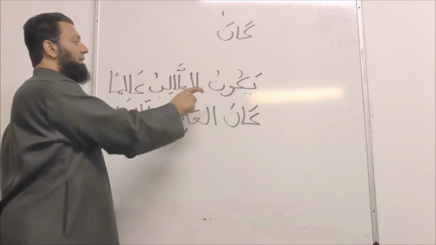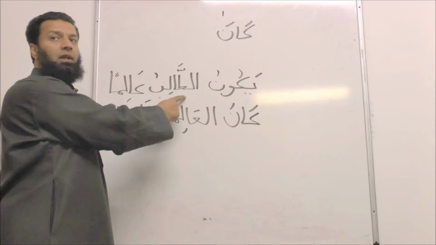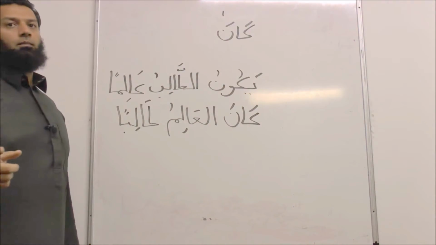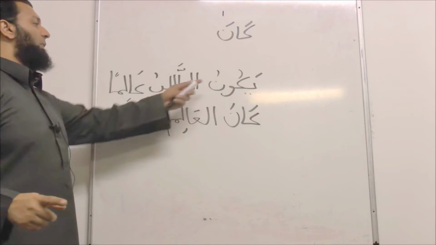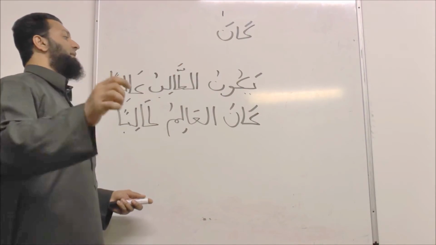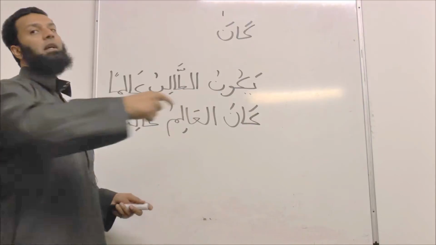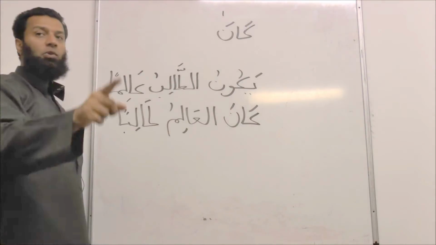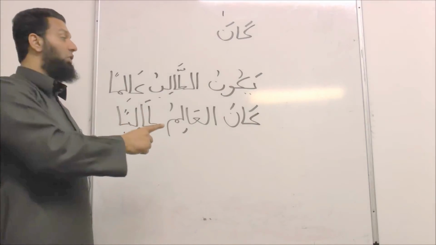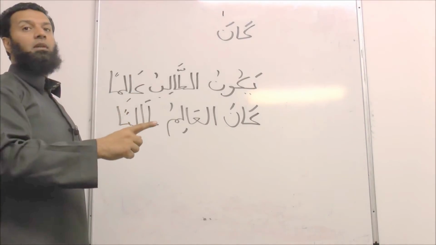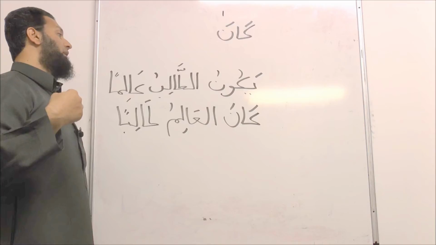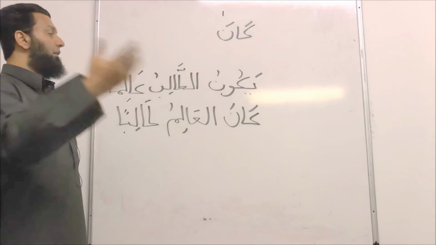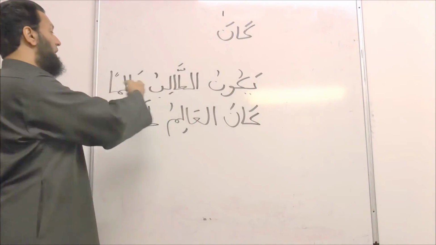But what happens is a person begins as a talib, yakunu will be aliman. So even though yakunu is the present tense of kana, which means he was, therefore means he is, can you see in this context how it's used? It's used to refer to him being, i.e. in the future. يَكُونُ الطَّالِبُ عَالِمًا.